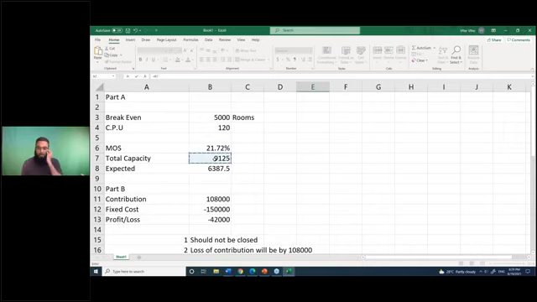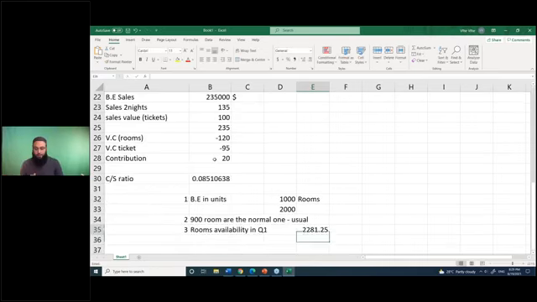Okay, 9125 is my total capacity, even though we are operating at 70%. But let's ignore that and just assume that if we operate at 100%, then per quarter, how many rooms do we have? I will divide this by 4, and this gives me the answer of 2281, which means the total rooms available are 2281.